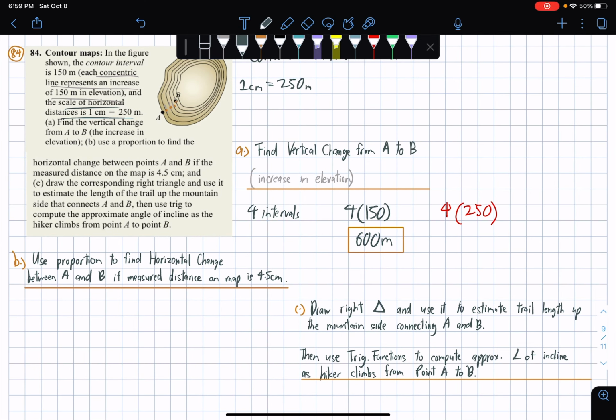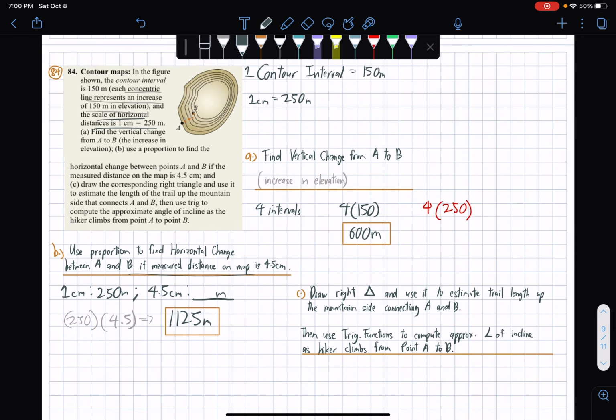for letter B, we use the proportion to find the horizontal change between A and B if the measured distance on the map is 4.5 centimeters. So 1 centimeter is to 250 meters. 4.5 centimeters is to what meters? Let's see. So 250 times 4.5 is equal to what? 1,125 meters.